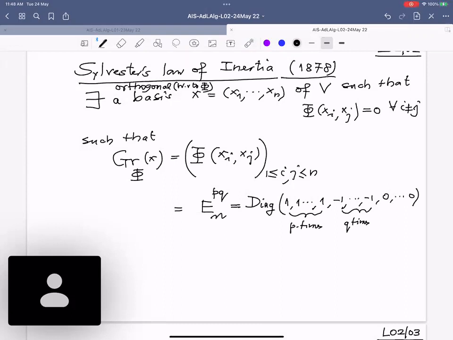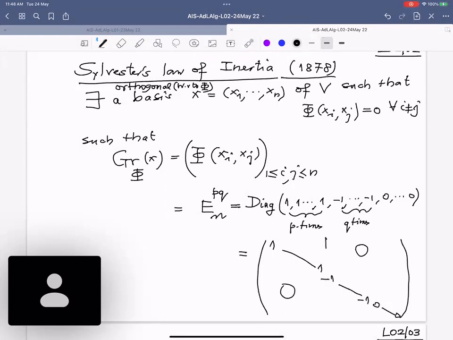I wrote it in this form to save space. Otherwise I would have written it like this. Then -1, and then zeros. And then the remaining things are zeros.